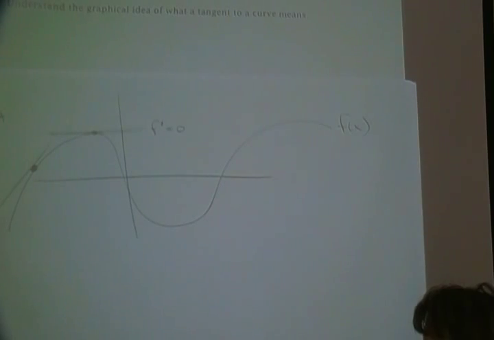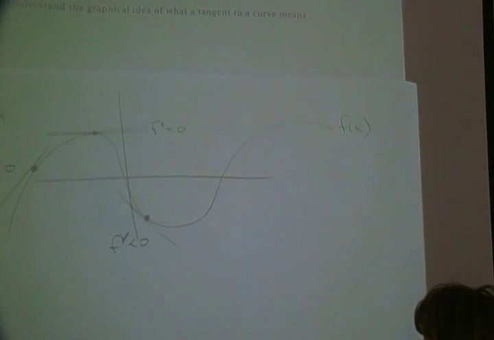So at this point in your curve, you should have an idea in your mind that the derivative is measuring that slope of that tangent, and that means the derivative should be 0, because the slope of the tangent there is 0. You should have an idea that if I'm talking about here on the curve, the slope of the tangent has a positive slope to it. So you should know that the derivative would be greater than 0 there.